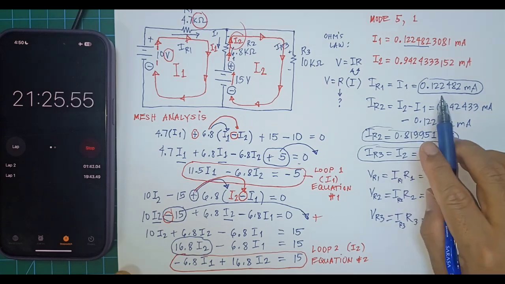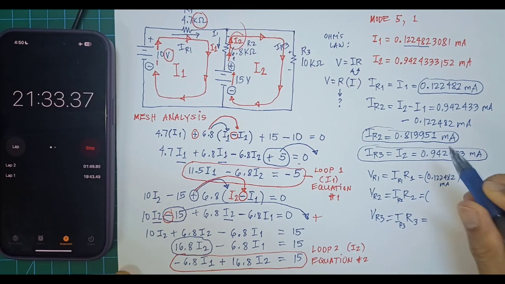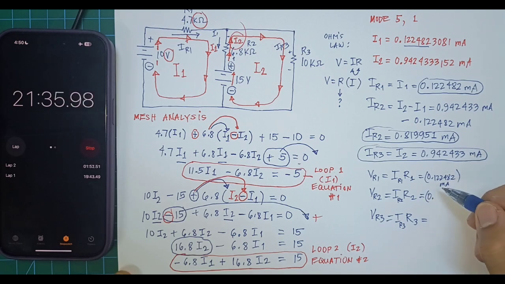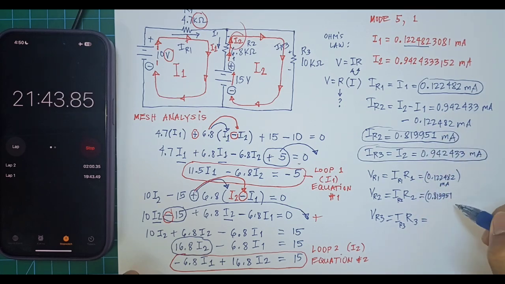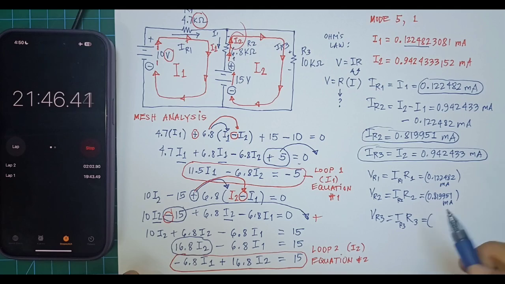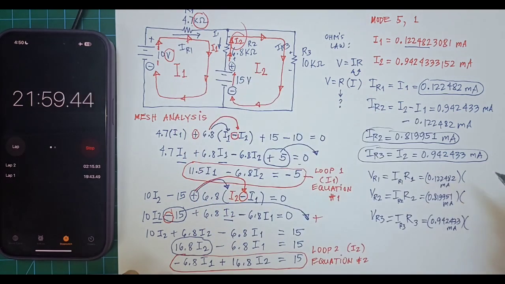So the IR1 is 0.122482 milliamperes, and the current IR2 is 0.819951 milliamperes also, and the current IR3 is 0.942433 milliamperes, and we will multiply them with R1, which is 4.7 kilo ohms.